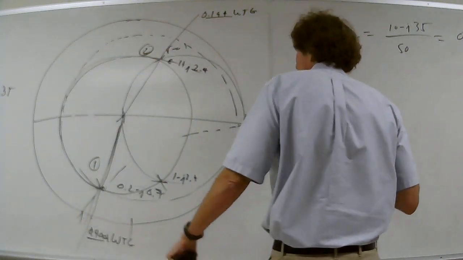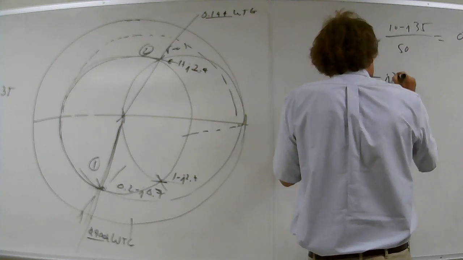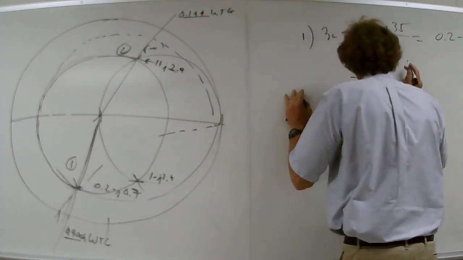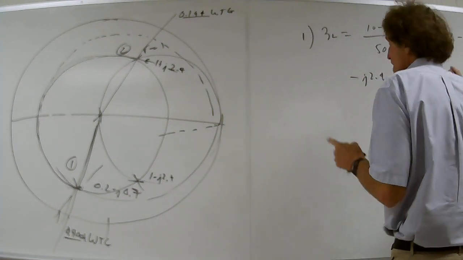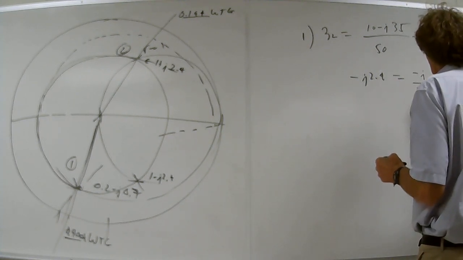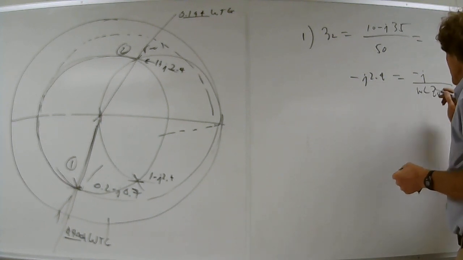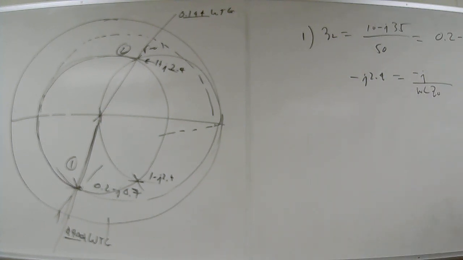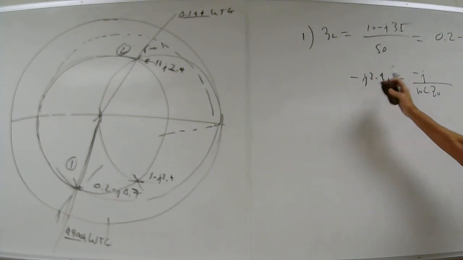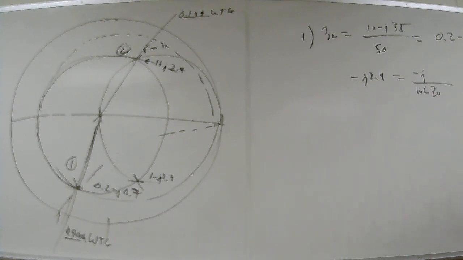So now I come over here and say, minus J 2.4 is the normalized value of the capacitive reactance. Capacitive reactance is minus J over omega C, and if it's normalized, it's divided by Z naught. Everybody follow me? That was the normalized value. I could multiply that by Z naught, but I chose to do it this way.